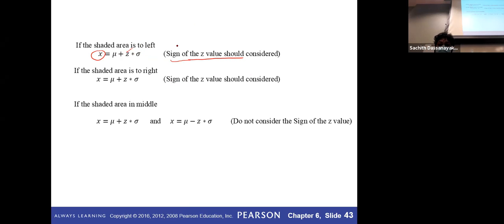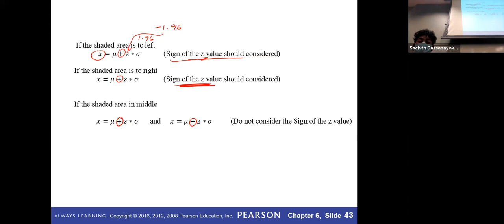For example, if you have negative 1.96, once you plug it here, consider it as a positive 1.96. This sign, positive or negative, controls the negative and positive, so you don't have to worry about it when you plug in the C value.